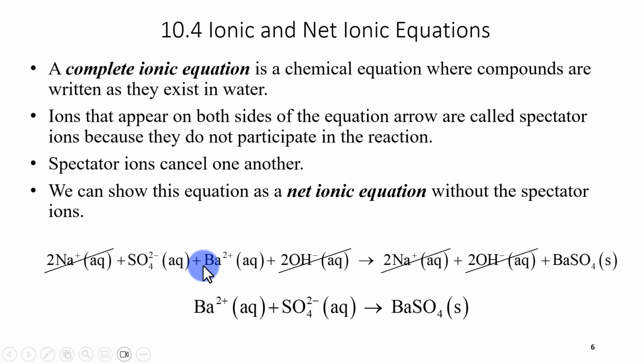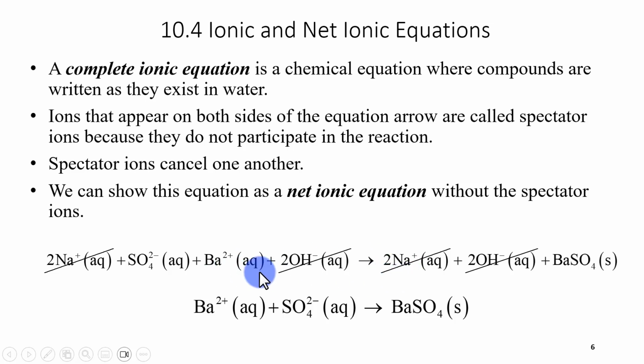And then if I mix barium hydroxide with that, barium hydroxide is Ba(OH)2, because barium has a 2+ charge and OH- has only -1. So I need 2 OHs to balance my barium.